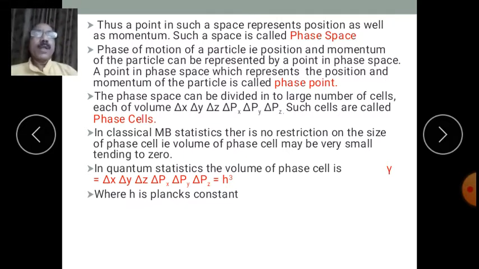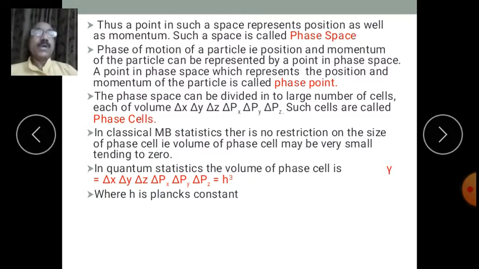The phase space can be divided into a large number of cells of volume delta x into delta y into delta z into delta px into delta py into delta pz. Such cells are called phase cells.